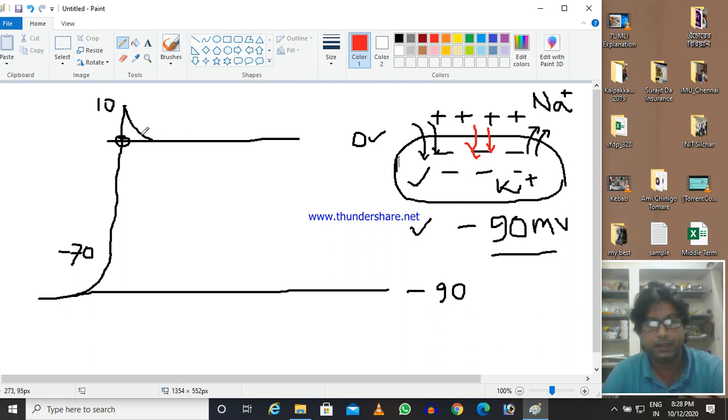This phenomenon happens for some time, and this phase is called the plateau phase.